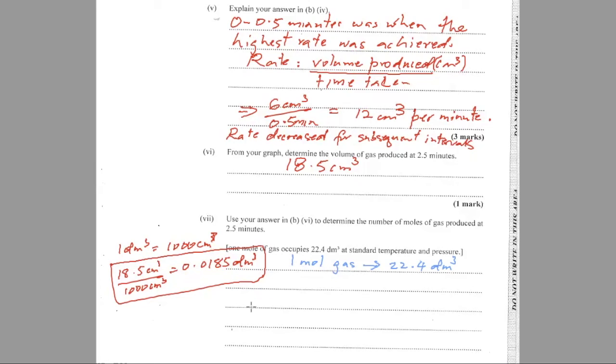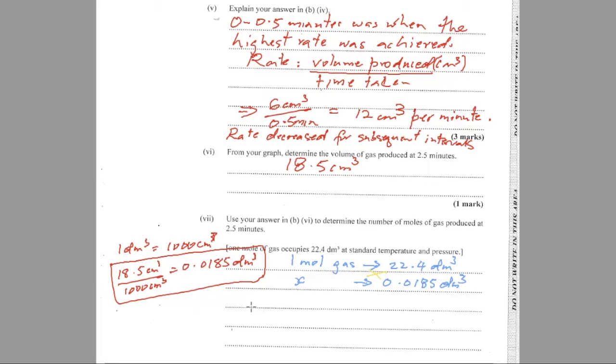Now we want to find out how many moles, so we put X. How many moles of gas would have been occupied by 0.0185 cubic decimeters? So we'll cross multiply, and when we cross multiply, we take things across the diagonals.